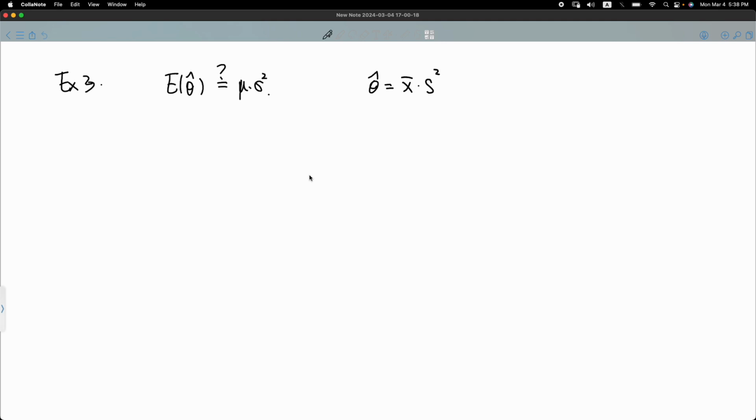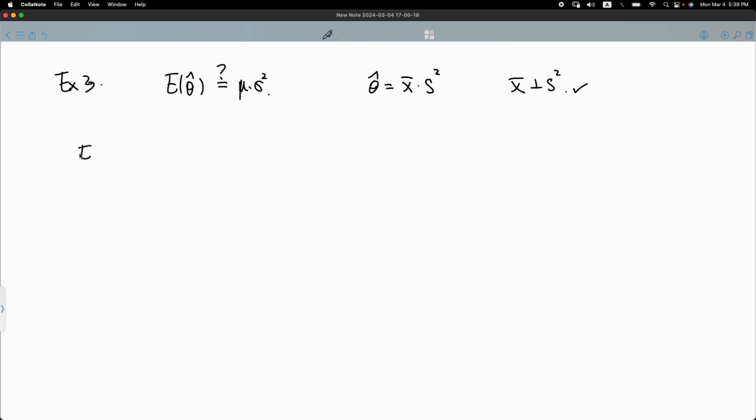One more thing: I'm assuming it was given or derived in the lecture that X bar is independent of S squared, which is key information that we want to use. So that's the question, that's the estimator, and this is the additional information we need.